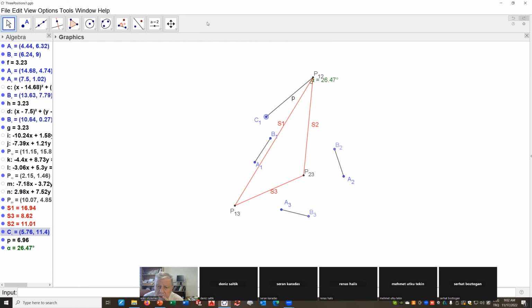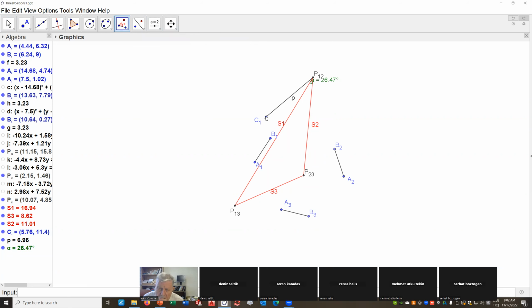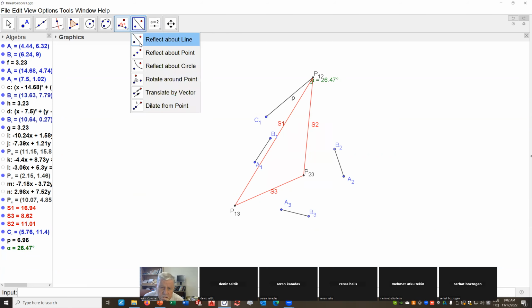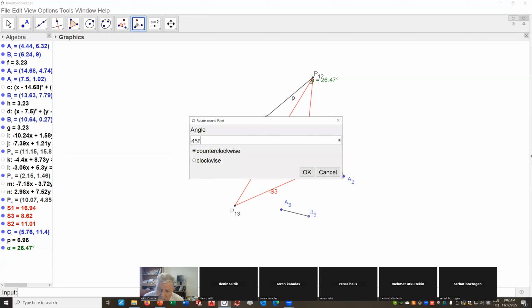26.47 degrees. So I will rotate C1 about P12 by an angle, counterclockwise direction, 2 times alpha.